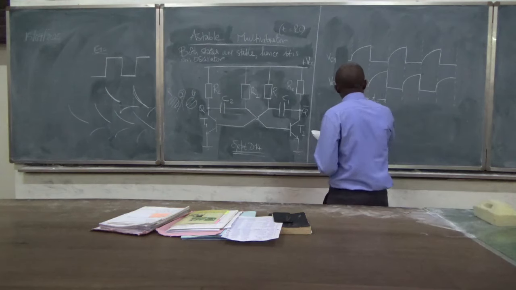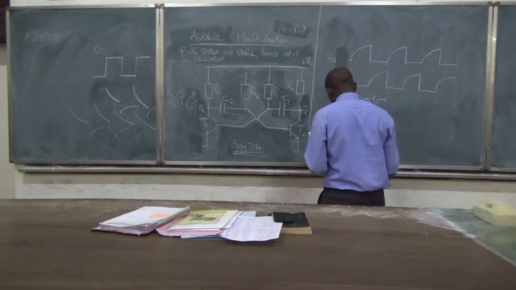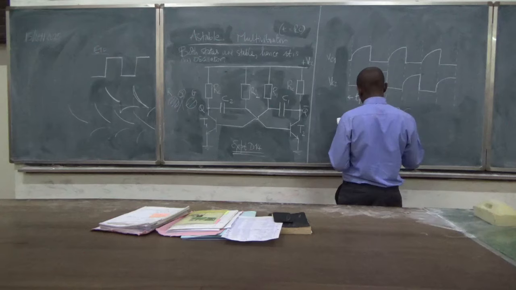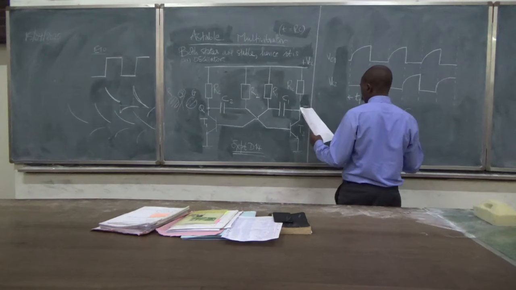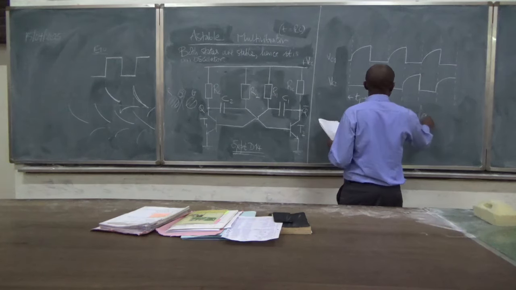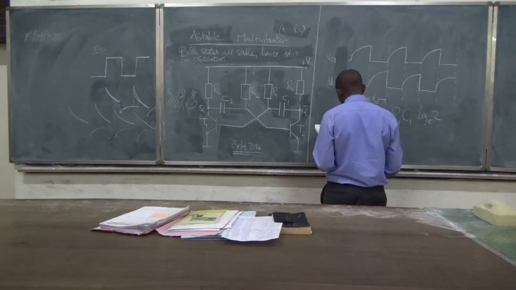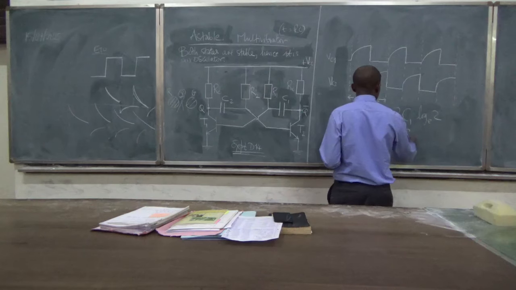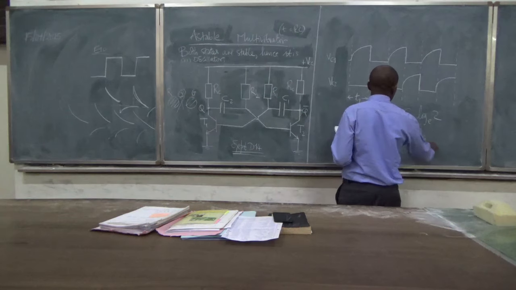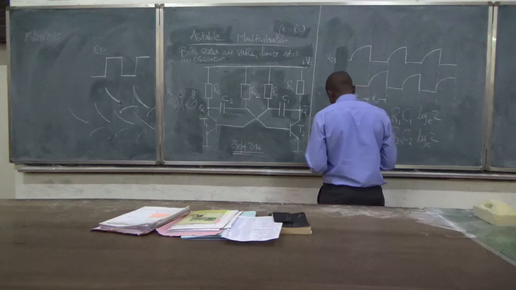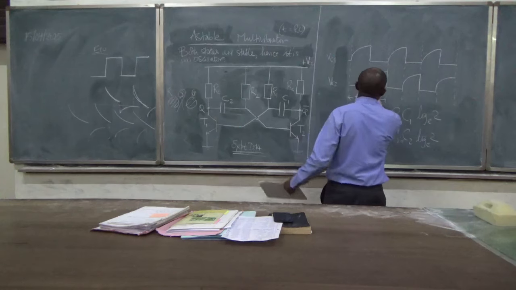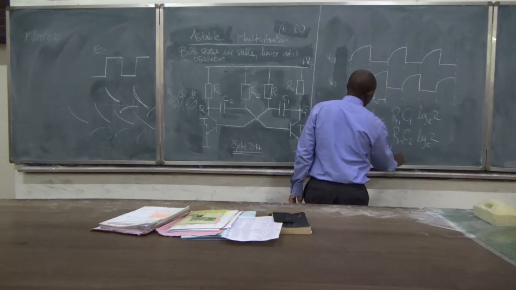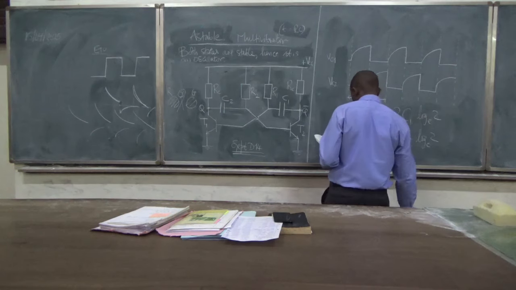And so T1 is equal to R1 C1 log to base e of 2, or natural log of 2, and then T2 is equal to R2 C2 natural log of 2. The period is the sum of T1 and T2.